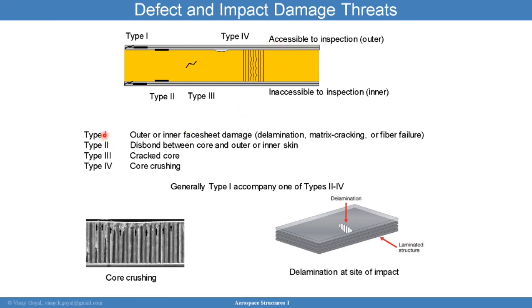Generally, type 1 really accompanies one of the other types of failure. So here you have compression loading that causes core crushing. And sometimes you have delamination failure events that can propagate all the way through the thickness in a pyramid shape. And so the damage on the outside could look minimal, but when you look beneath, it's quite propagated.